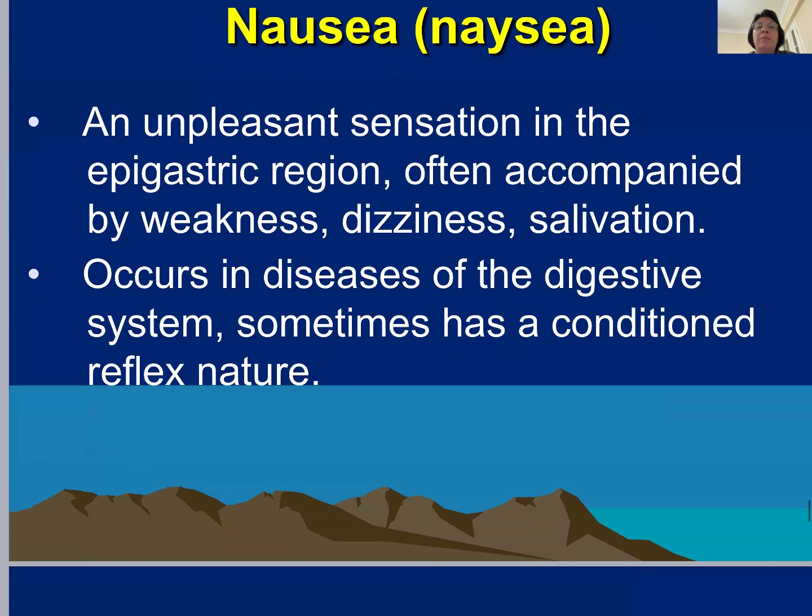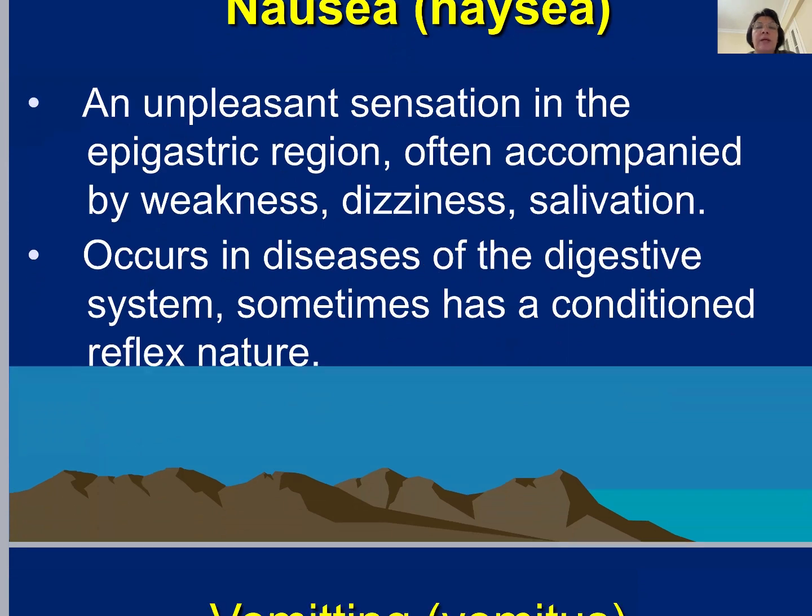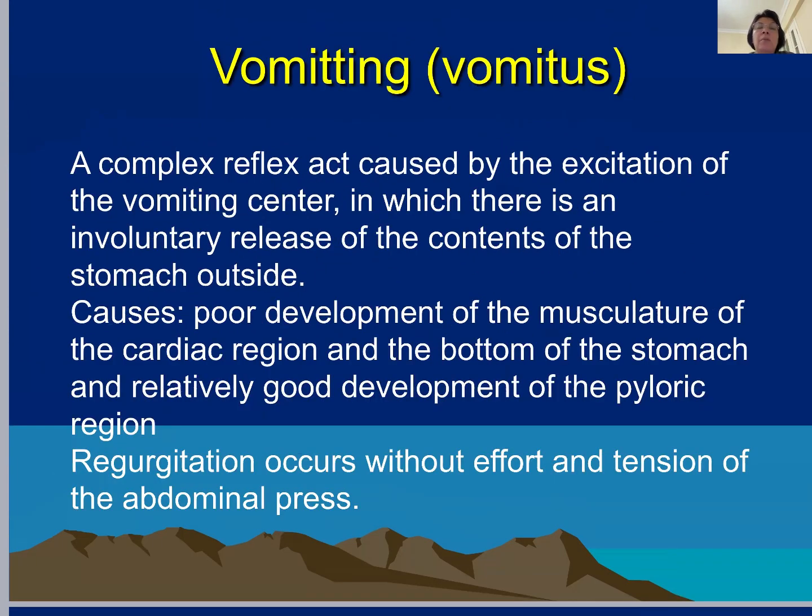Nausea, an unpleasant sensation in the epigastric region, often accompanied by weakness, dizziness, and salivation. Occurs in diseases of the digestive system, sometimes has a conditioned reflex nature. Vomiting, a complex reflex act caused by the excitation of the vomiting center, in which there is an involuntary release of the contents of the stomach outside.